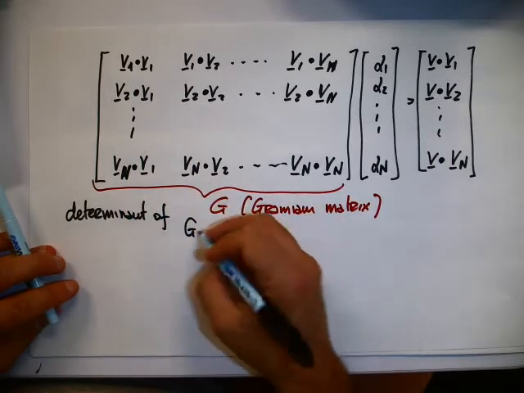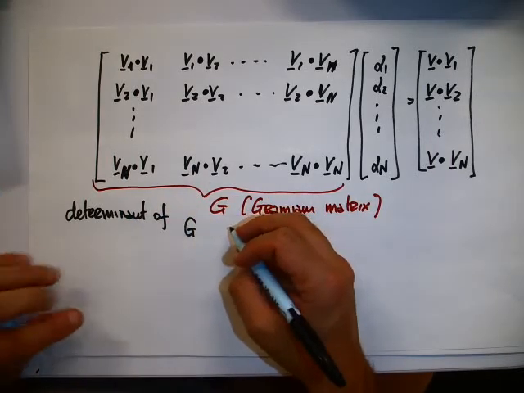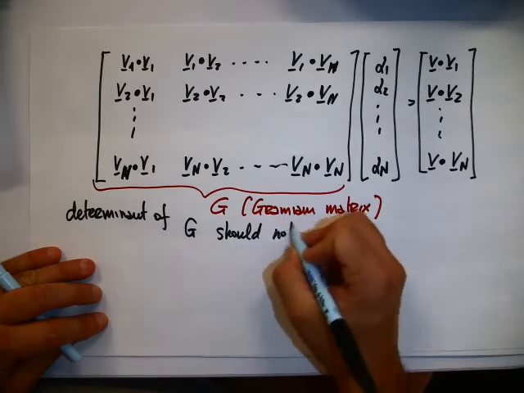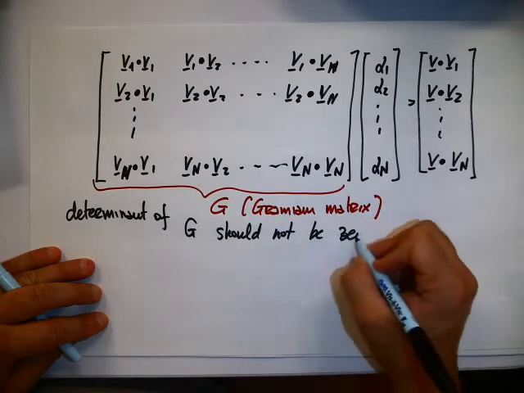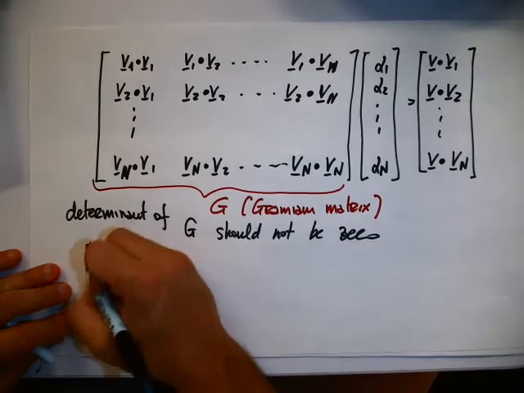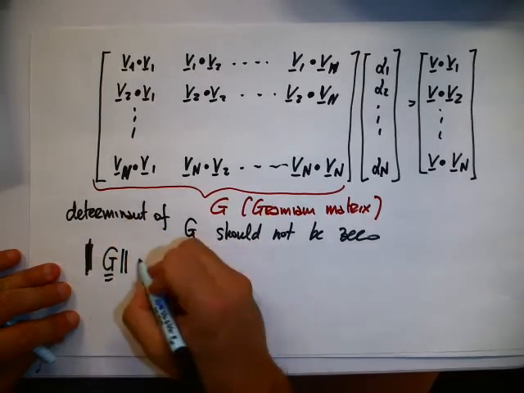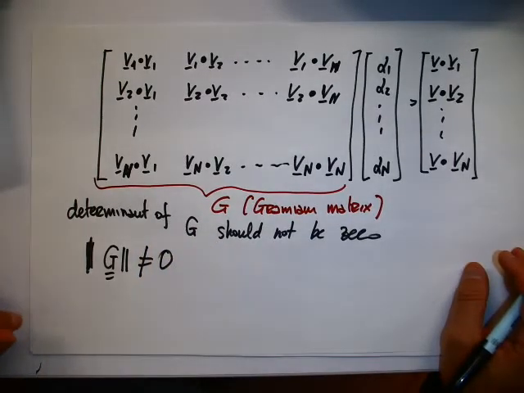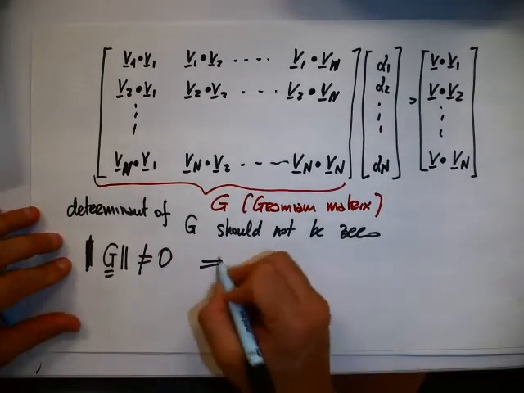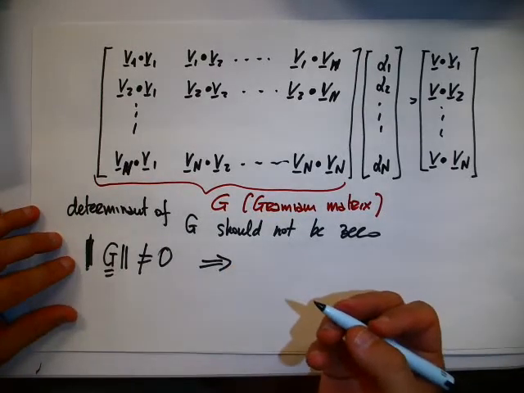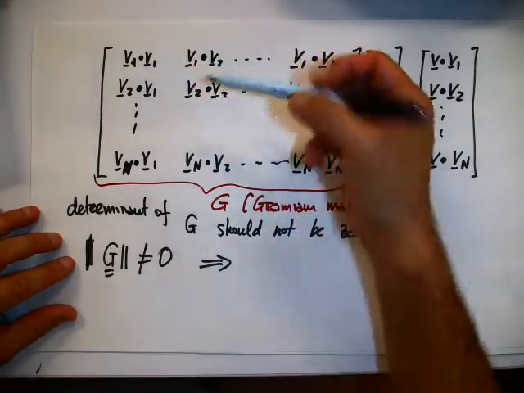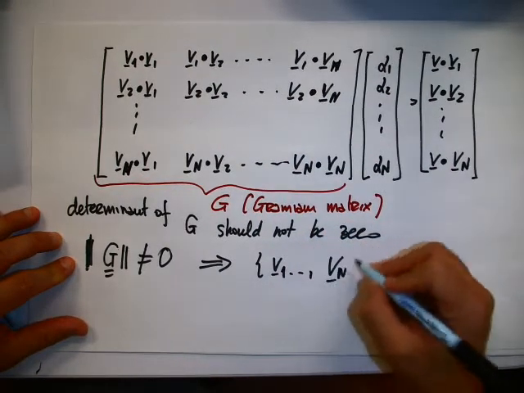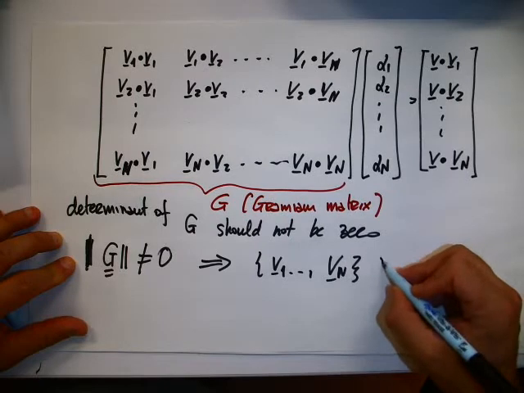So we need to have the determinant of the matrix G different than 0 in order to have solutions. And this implies simply that the vectors v_1 to v_n are linearly independent.